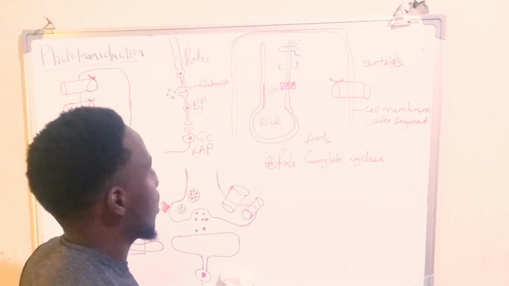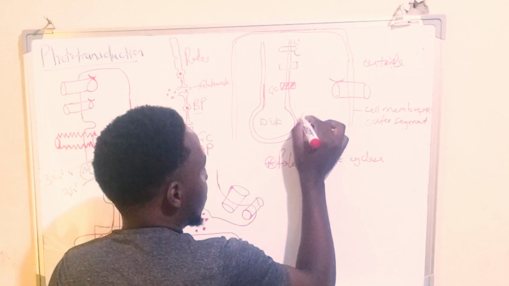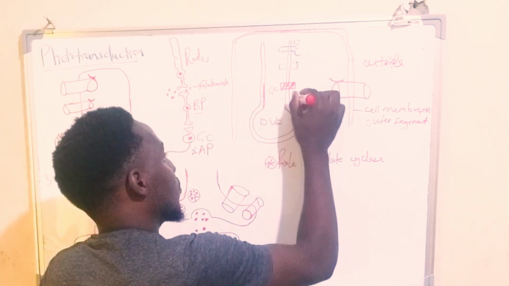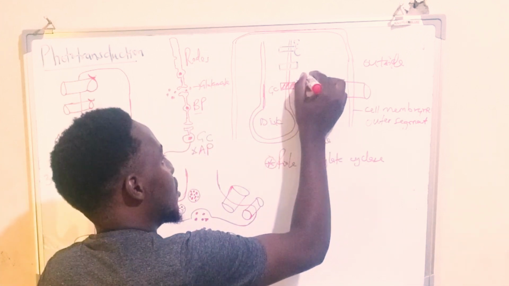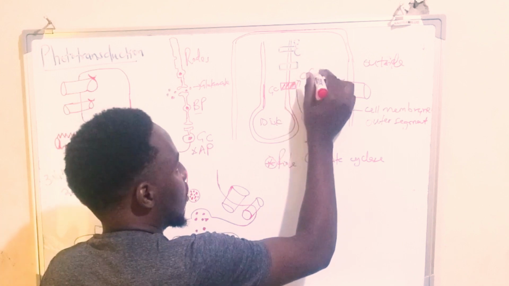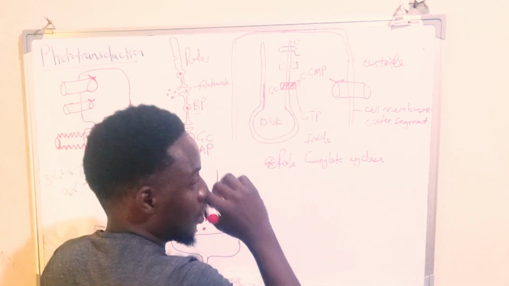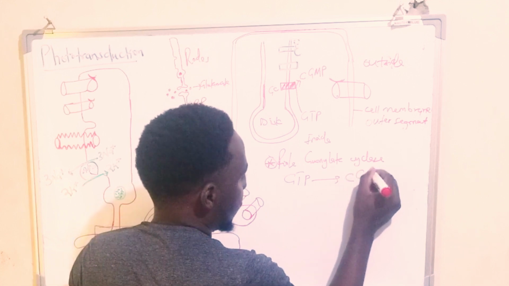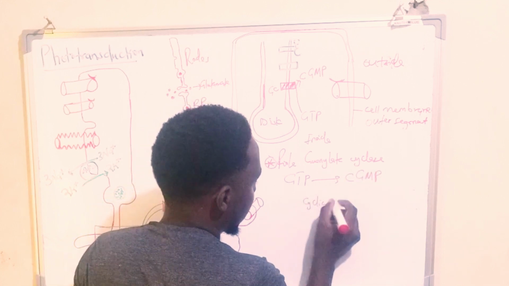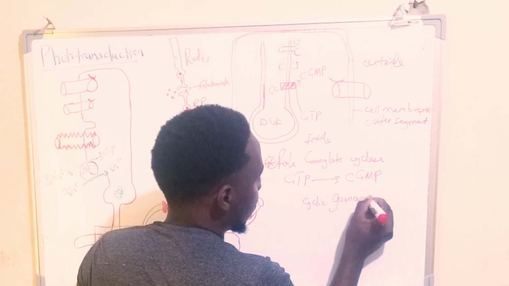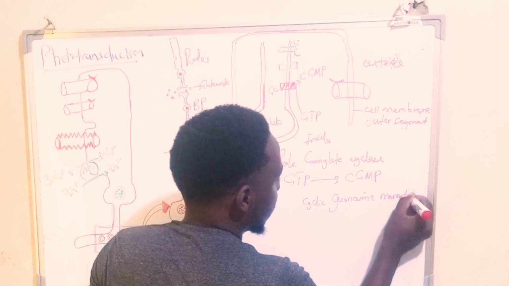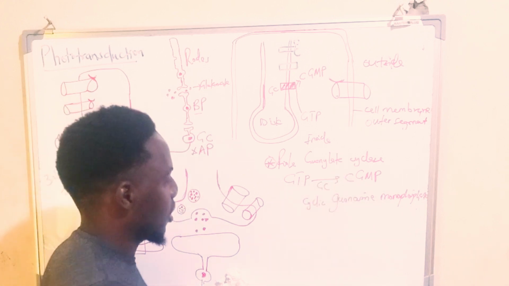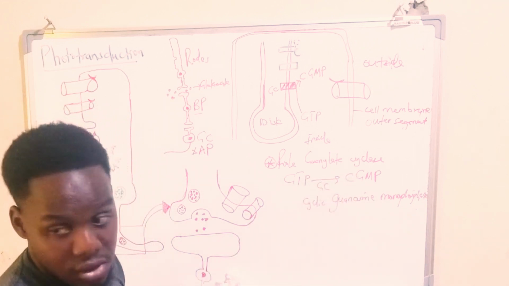Guanylate cyclase converts GTP, guanosine triphosphate, into cGMP, which is cyclic guanosine monophosphate.